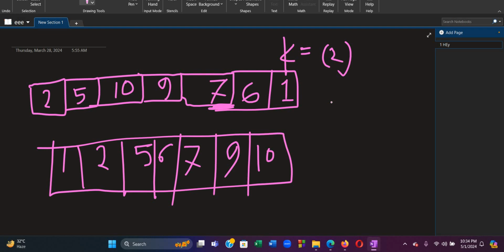Now, in order to do that, what's the best way to make the elements come closer together such that the adjacent elements' difference can be as small as possible?